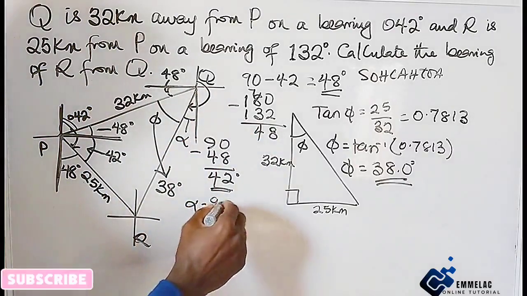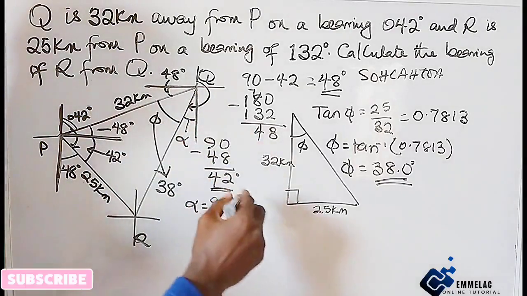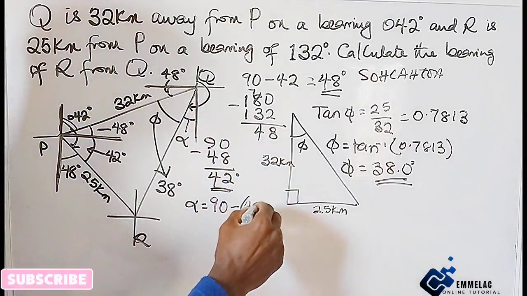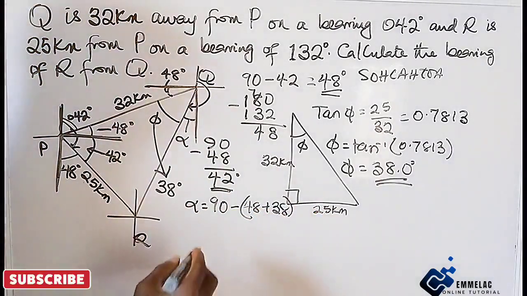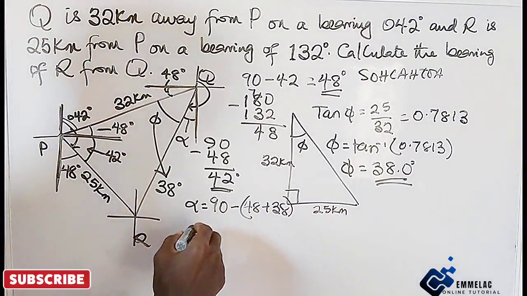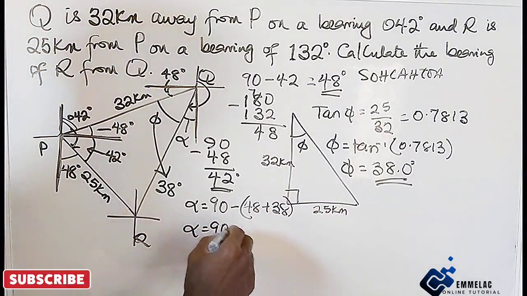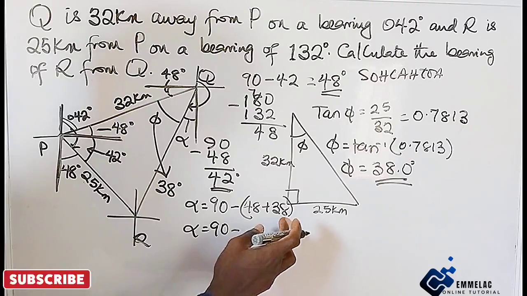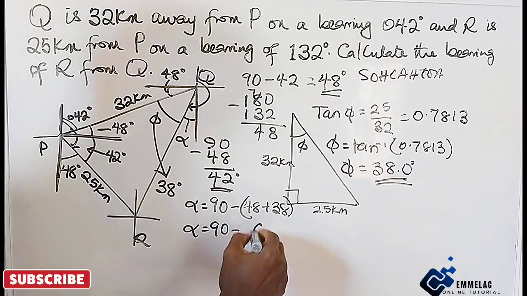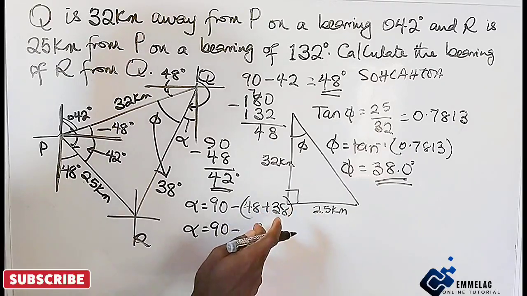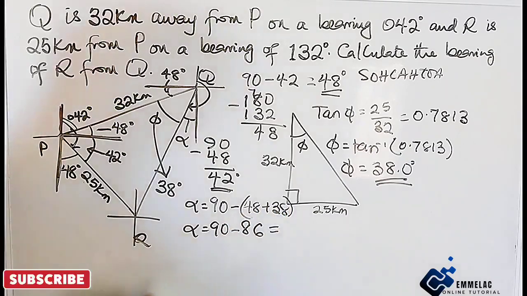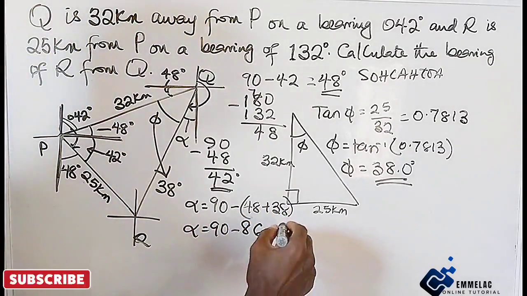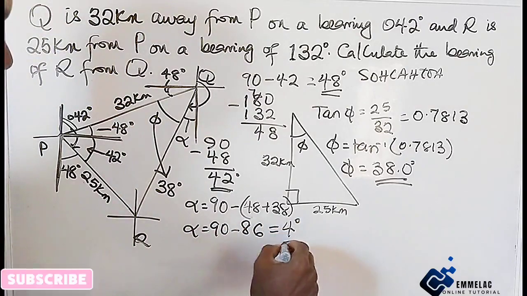You have 90 minus 48 plus 38, and this should give us 90 minus 86, so automatically our alpha will give us 4 degrees.